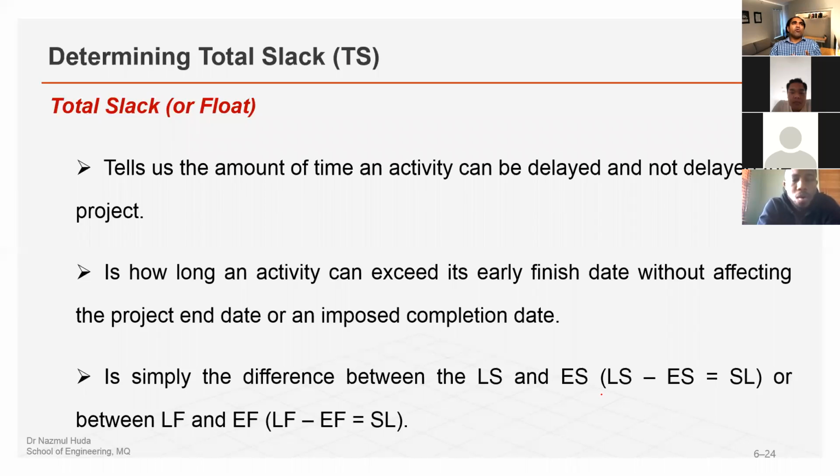So remember, we are not compromising the total project duration. The total project duration stays the same, 100 days, but we still have some flexibility in the other chains that you can play with.